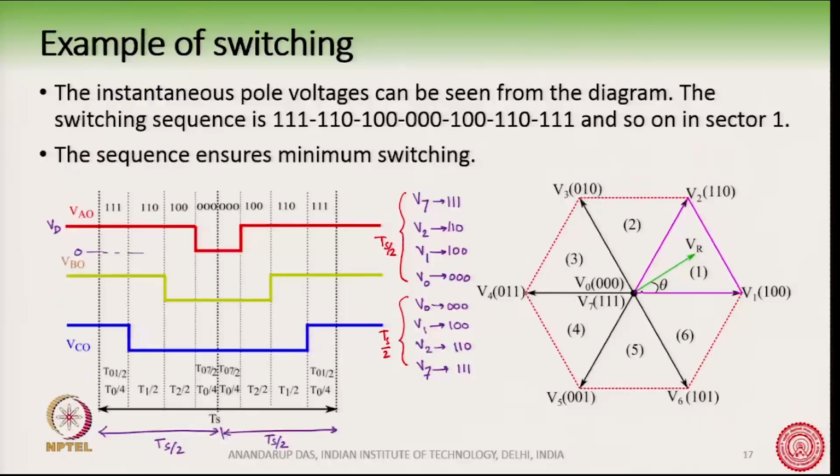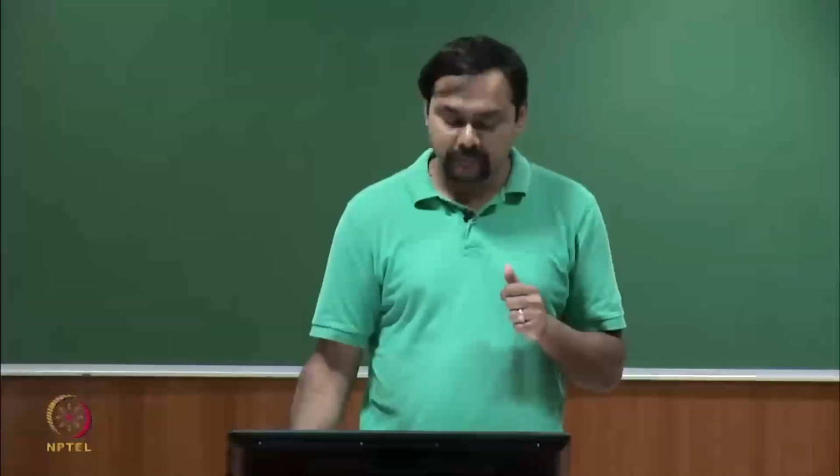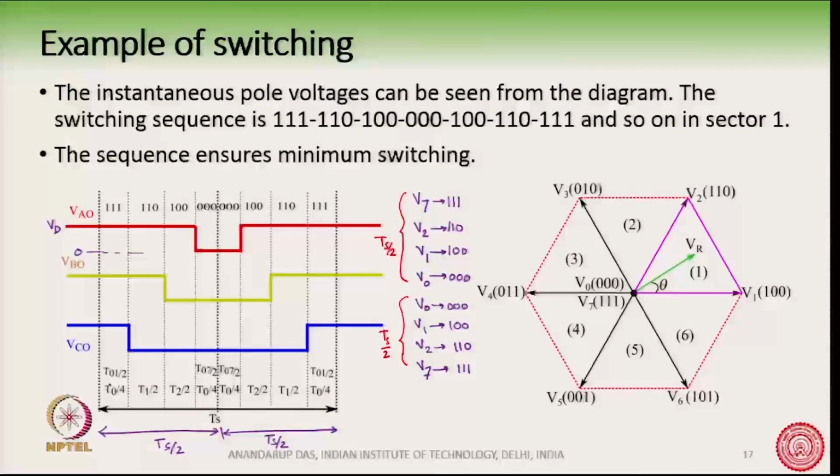That means, in the first switching cycle we are going in a clockwise direction, and in the second switching cycle we are going in an anti-clockwise direction. Exactly why this is happening can be understood when we are doing the carrier based implementation of SVPWM. Okay. Now, you see here how will the pole voltages look like.